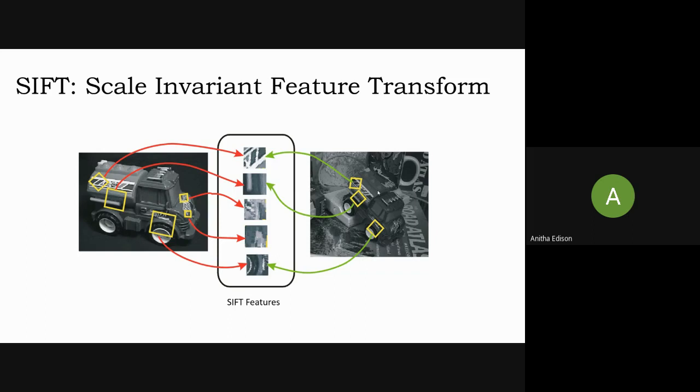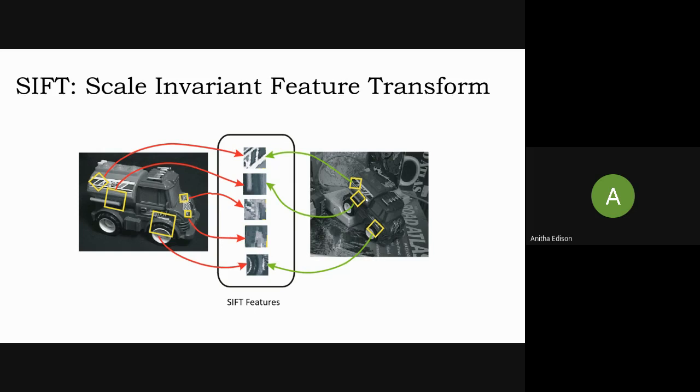You can't use image intensities because they will differ under different lighting conditions. So we can extract descriptors based on the neighborhood which will be invariant to scale, where the truck seems larger in one image than the other, and invariant to intensity and rotation. We'll have to find some feature like that.